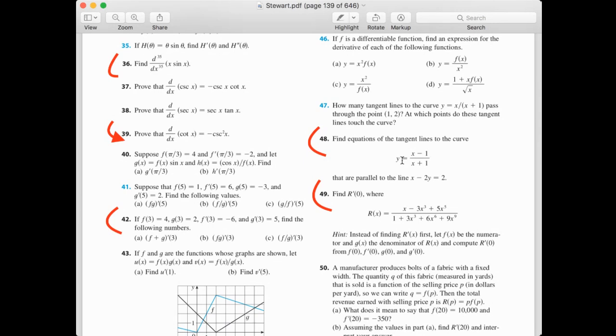It's a rational function. So here we have to remember two things. The first is to apply the quotient rule to take the derivative, and then once we have the derivative function, we can find the derivative at any point. The second condition is that this tangent line is parallel to another line. So we have to use that knowledge.